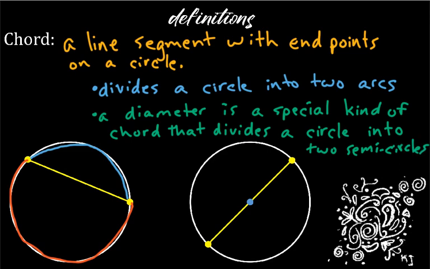And so that's just a special kind of a chord there. So the two semicircles, they both measure 180 degrees. So that is a chord.